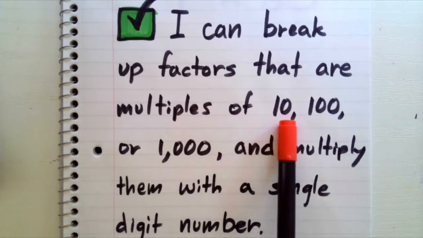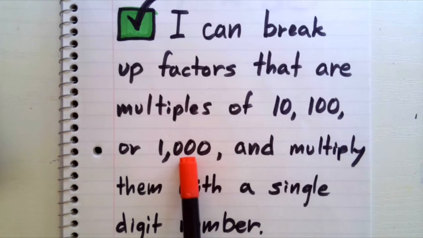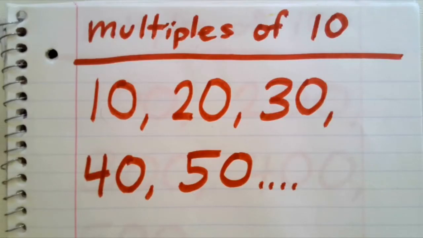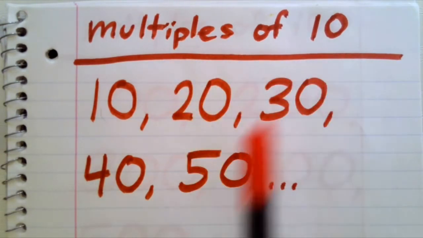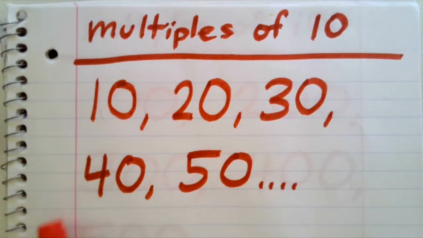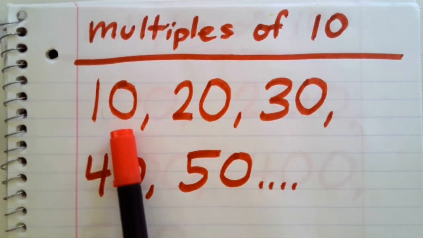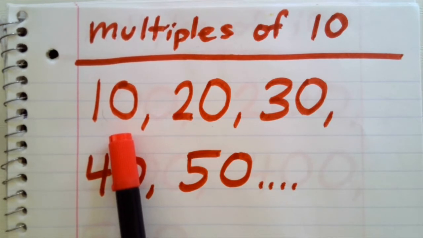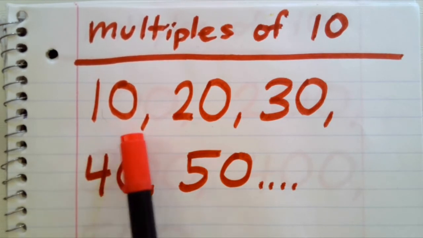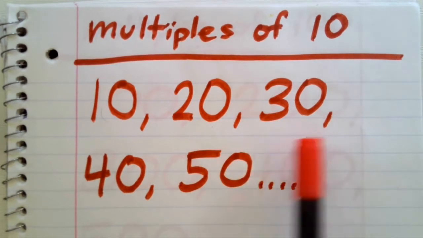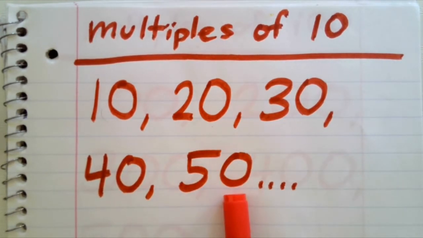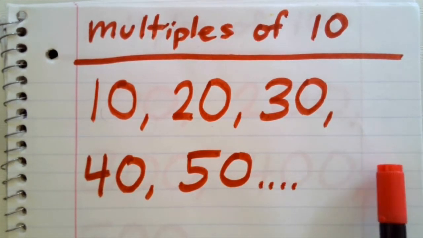Remember what multiples of 10, 100, and 1,000 look like? Multiples of 10, or skip counting by 10, can look like this. Say it with me. Ready? Begin. 10, 20, 30, 40, 50, and it goes on.